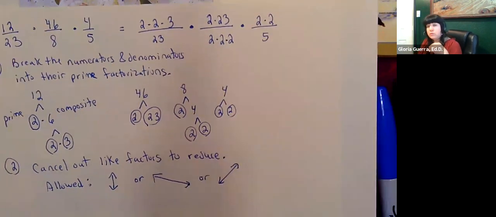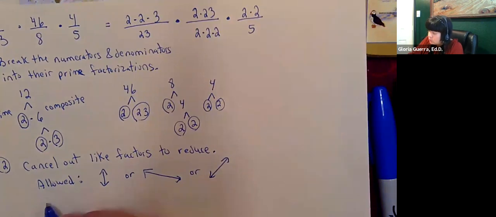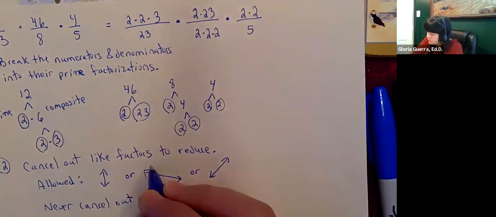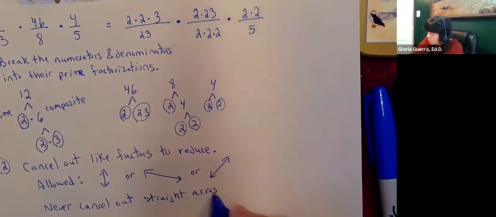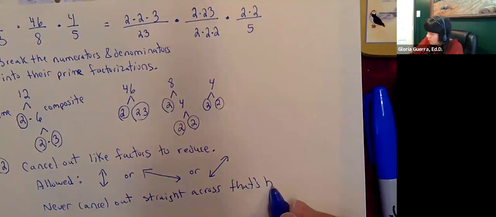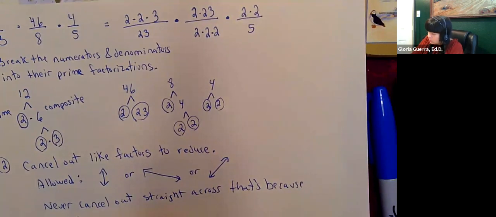But never cancel out straight across, because you multiply straight across.